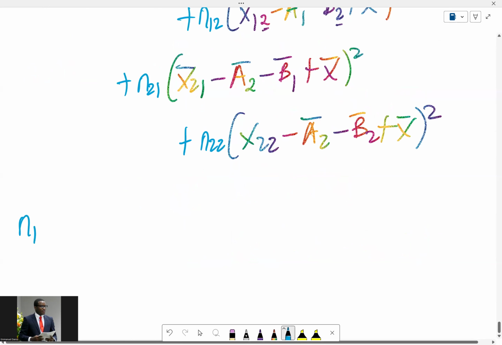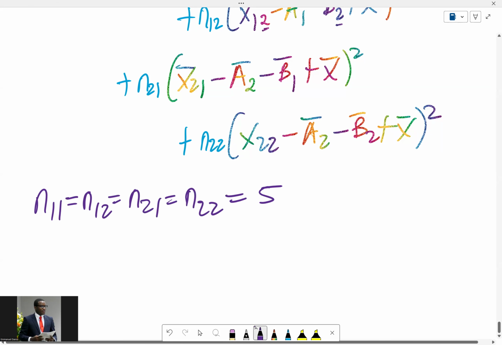It's an interesting case here that all the n's are the same. So we know that n11 is equal to n12 is equal to n21 is equal to n22, and all of that is 5. So we can factorize that n out already.